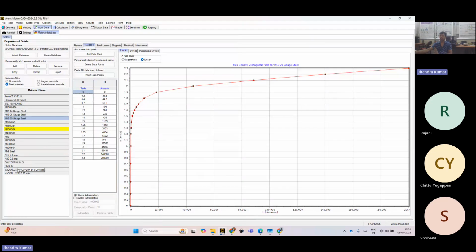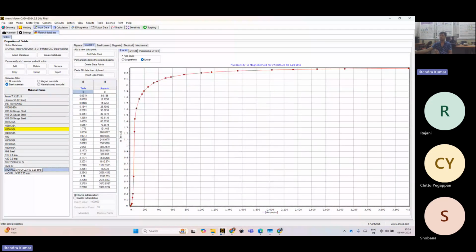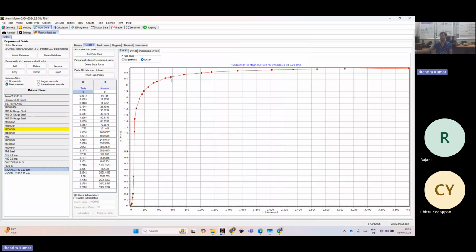Now if you go to the vacuum flux, it is integrated with cobalt. It has almost 4 to 5% of cobalt alloy. What is it doing? It is further pushing the saturation limit. You can see that the saturation limit is almost closer to 2.2 Tesla. So you could pump more flux into the air gap, because it is still able to endure more flux density. It will not get saturated.